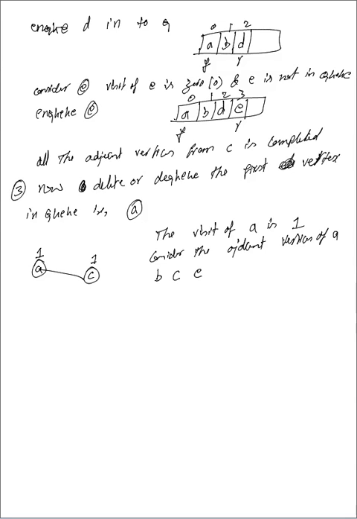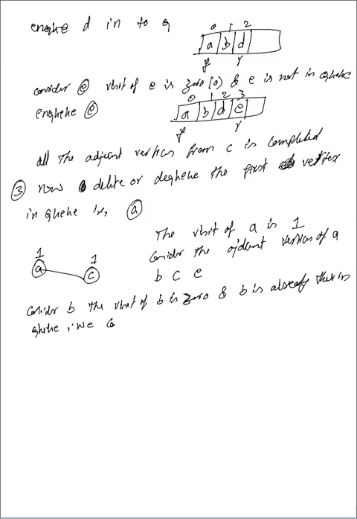According to the order, B, C and E. Now consider first B. The visit of B is 0, first condition is true, but B is already there in Q. Like that only you have to write. We can't add the same vertex again.